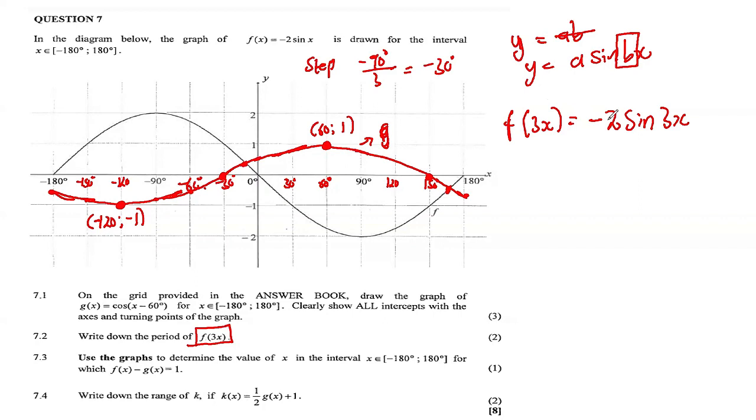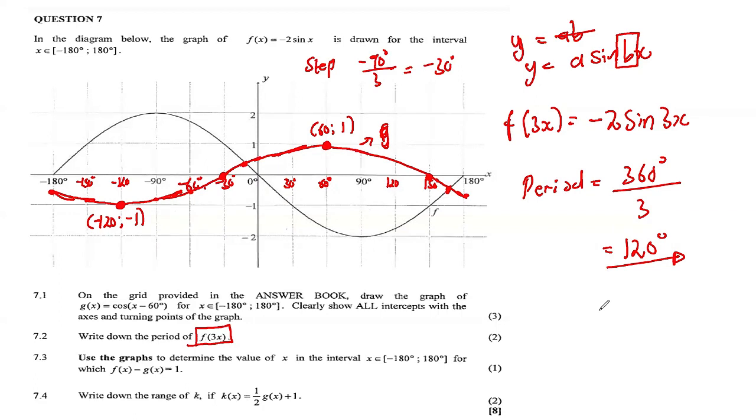And then since we know that the mother graph for sine has a period of 360 degrees, that means in order to find the period for this graph here, we will need to say 360 degrees divided by 3, right? Now, if you say 360 divided by 3, we end up with 120 degrees, meaning that our period is now 120 degrees, right? So that's how you find the period.